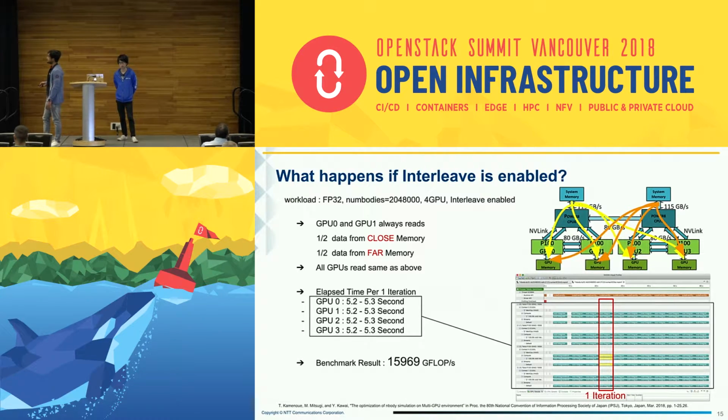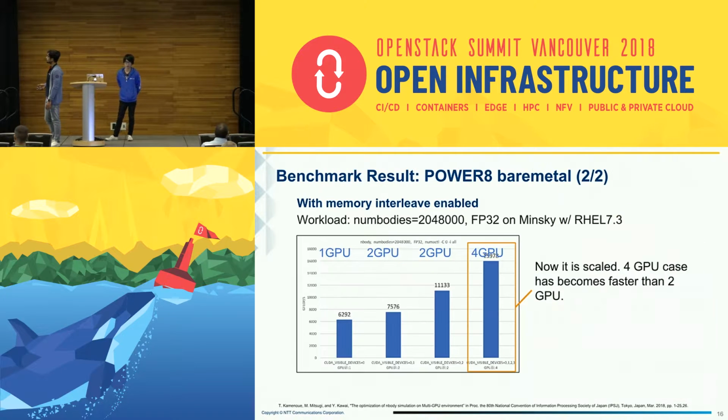If we check the elapsed time, all the GPUs have the same elapsed time, which is 5.2 to 5.3 seconds. And the magic happens: we got better performance than the previous one. This is the final result after we enable memory interleave. The graph scaled very well compared to the previous one.